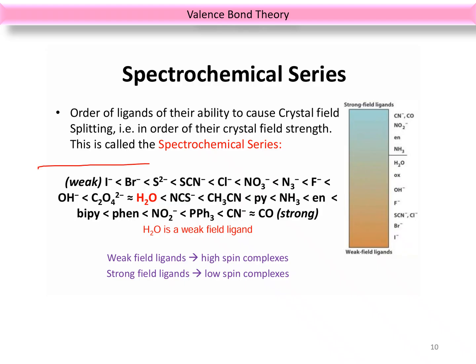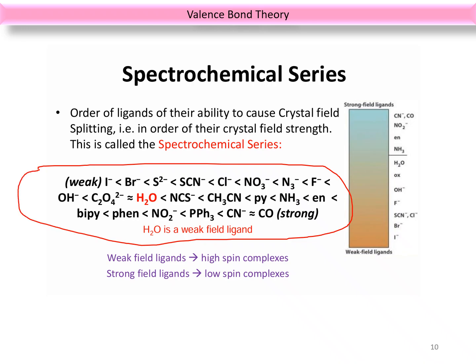So this series shows you some of the ligands that are commonly found in most coordination compounds. They are simple ligands. Actually, there are a lot of other ligands, slightly complex in their chemical structure, not so simple, but they carry the same principle.